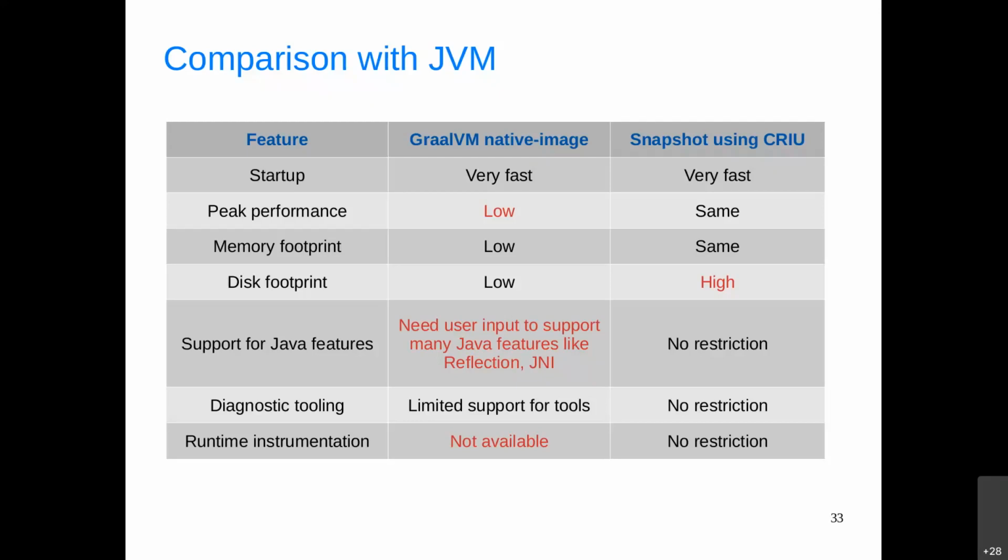So obviously this results in extra disk usage, and if your process memory footprint is large, then the disk footprint of the snapshot will also increase. So these are some of the advantages and disadvantages of these two approaches when we compare them with JVM execution.